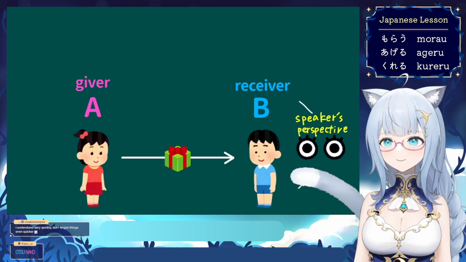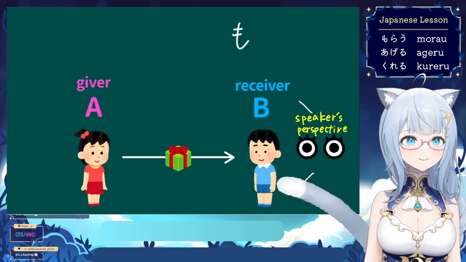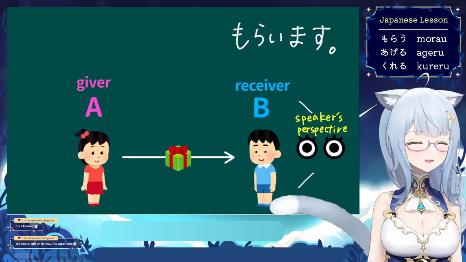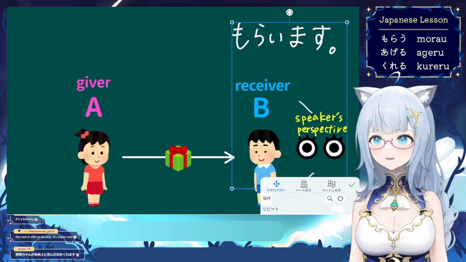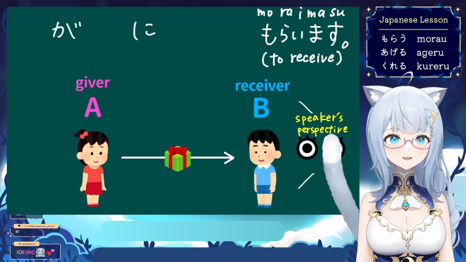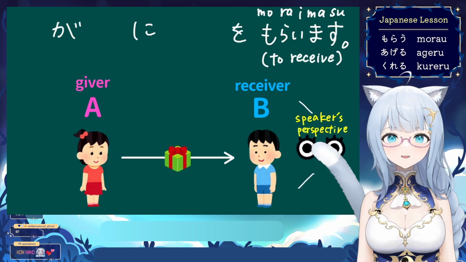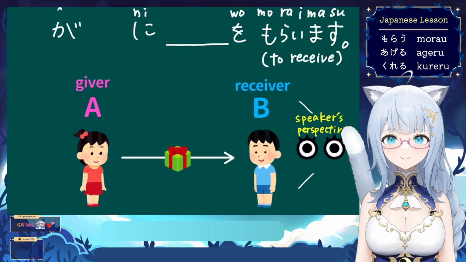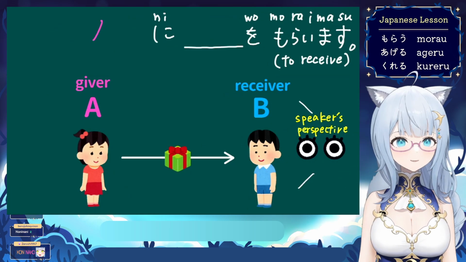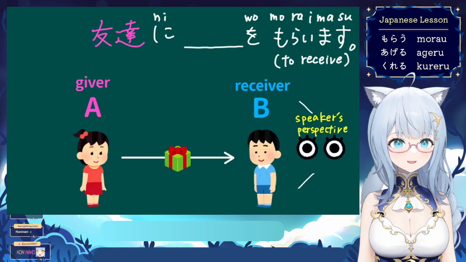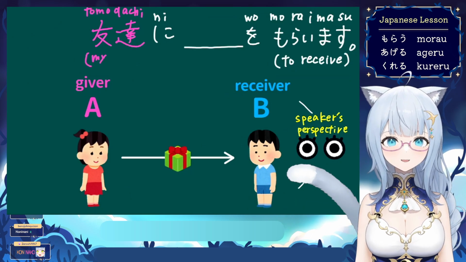例えば、もらいます。The verb is もらいます。So, 何々が何々に何々を何々 is something like お友達に。友達, my friend.